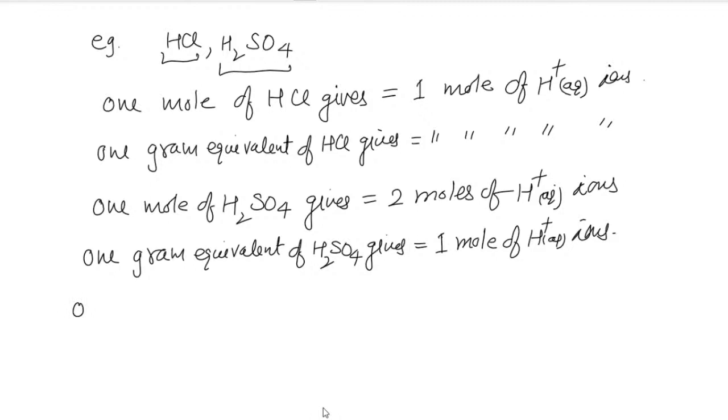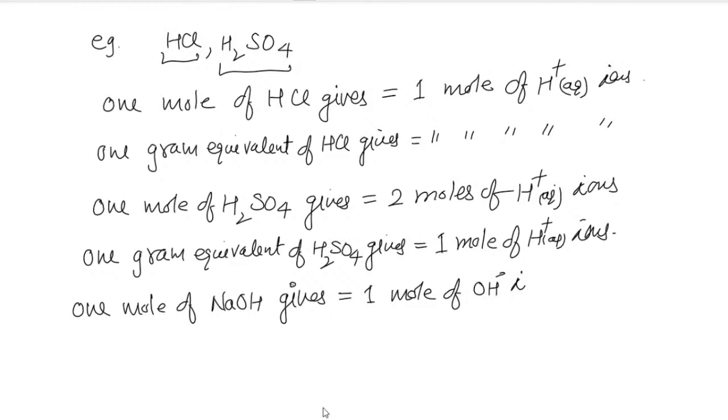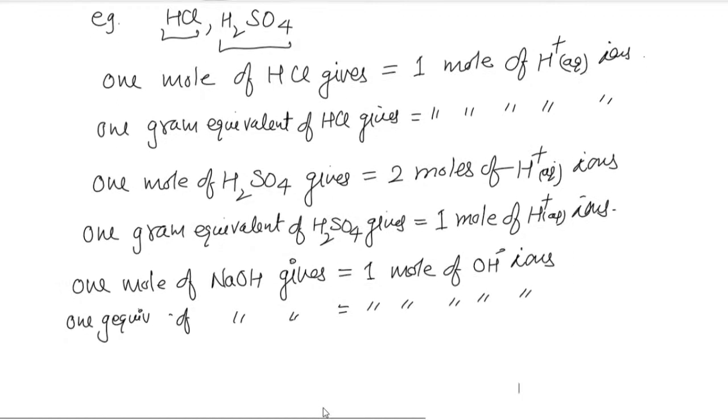Now, 1 mole of sodium hydroxide gives 1 mole of OH negative ions, and you can write it like this also, 1 gram equivalent of sodium hydroxide gives the same, because their acidity is 1.